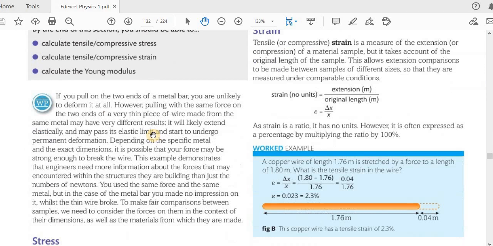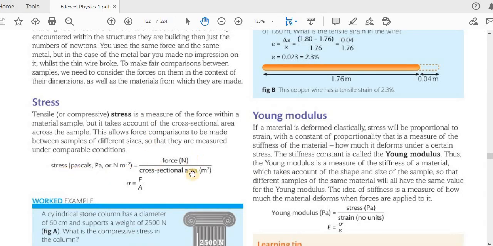Then what about stress? The equation for stress is this: force over cross-sectional area. Now this is the same unit as pressure, because newtons per square meter. In the equation for pressure it is force over area. Here the difference is this is cross-sectional area.